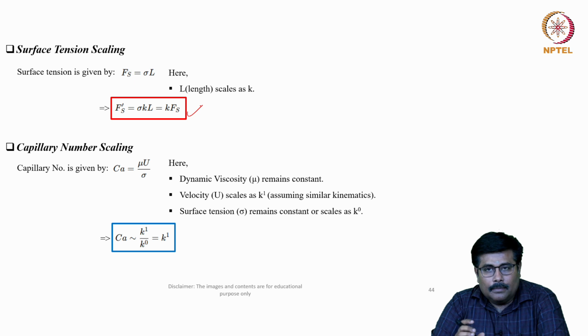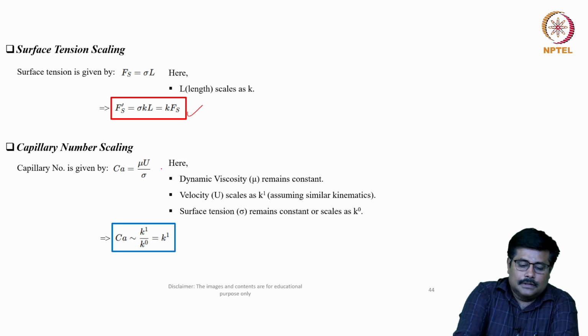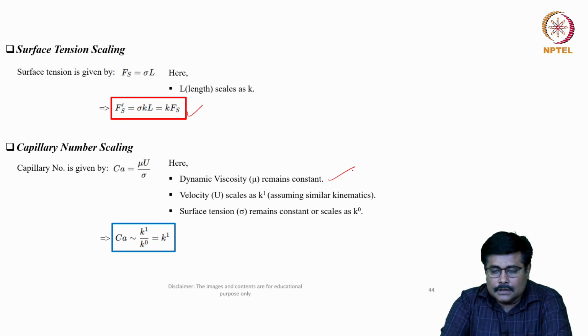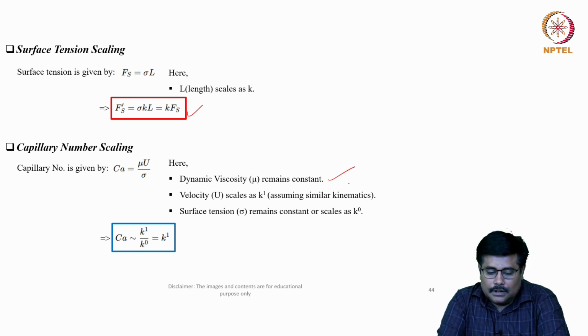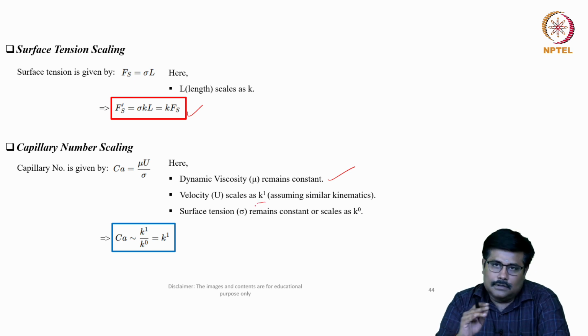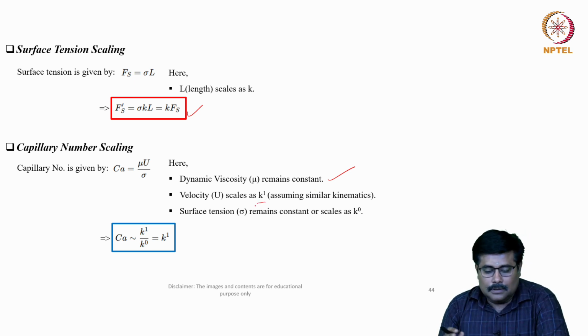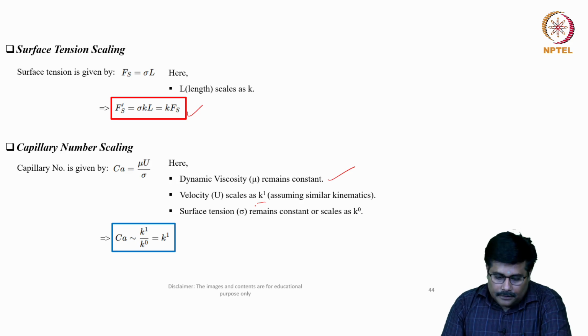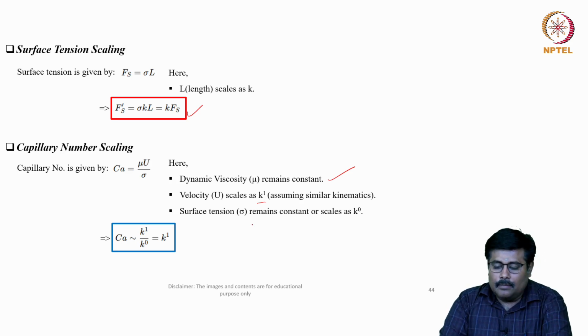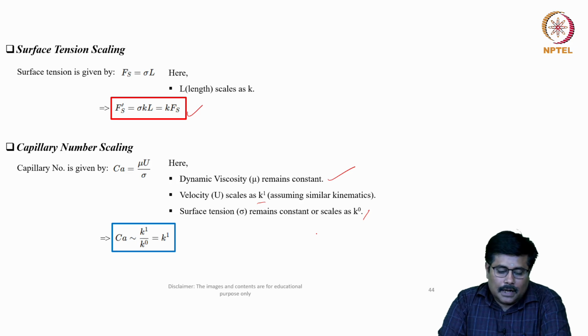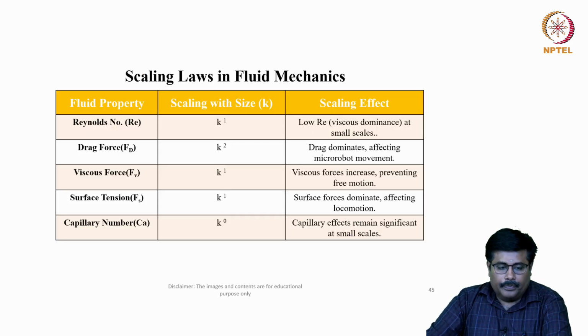As far as the capillary number scaling is concerned, the capillary number is given by Ca equals mu u by sigma, where mu is the dynamic viscosity, velocity u scales as k power 1, which is assumed to be similar kinematic, and the surface tension sigma remains constant, or scales as k0. So this can be represented as Ca, which is k1 by k0, or k1.